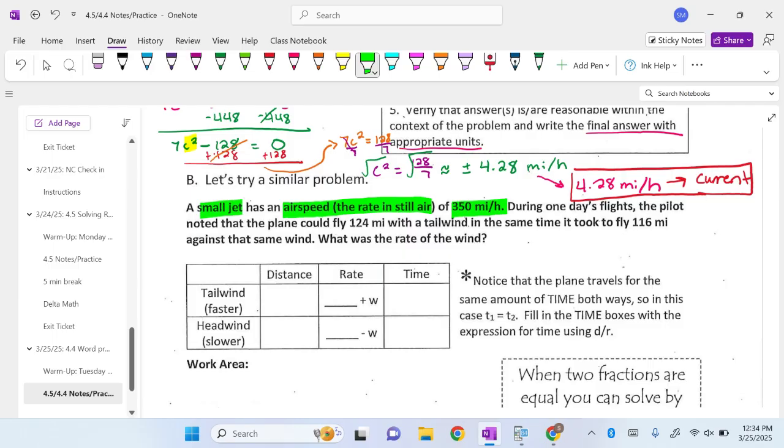So that's how fast it goes without wind. One day's flight, the pilot noted that the plane could fly 124 miles with a tailwind. At the same time, it took to fly 116 miles against the same wind. And he wants to know what the rate of the wind is.